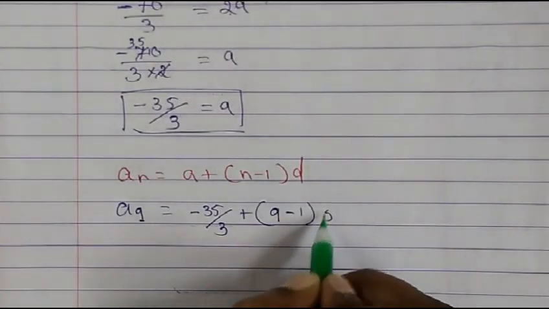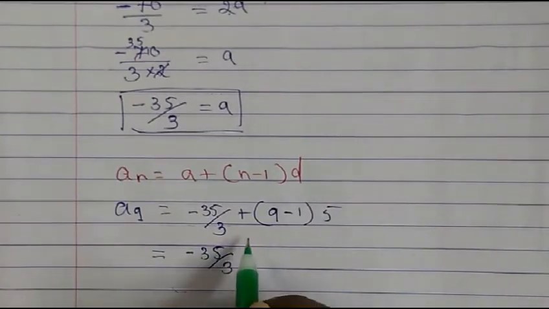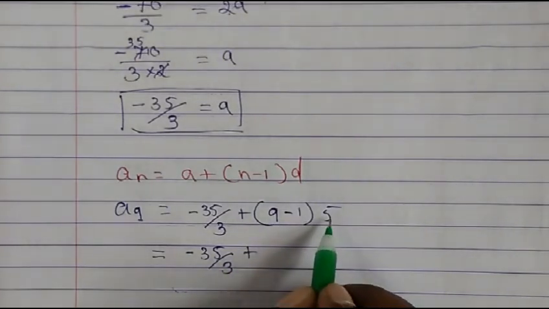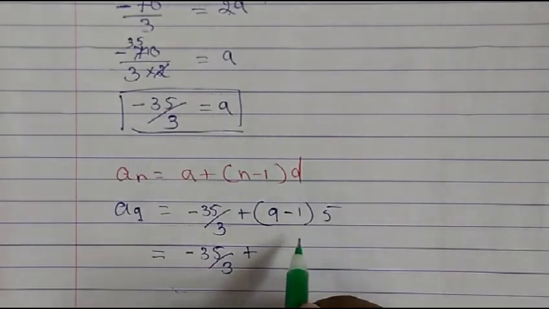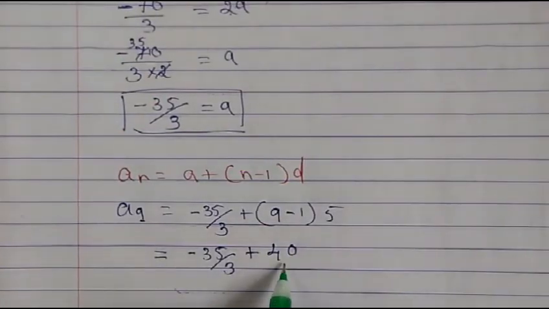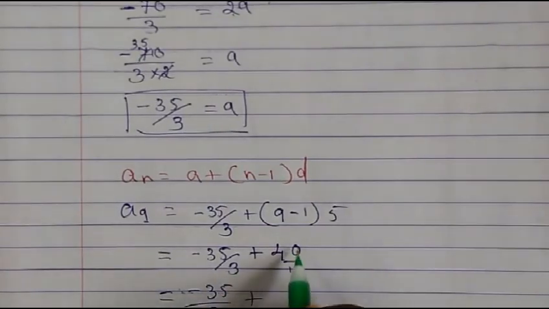The d value we know, that is 5. So minus 35 upon 3 plus 9 minus 1, 8. 8 into 5 will give us 40. Here in the denominator we don't have anything, so we'll consider that there is 1. So both sides multiply with 3.